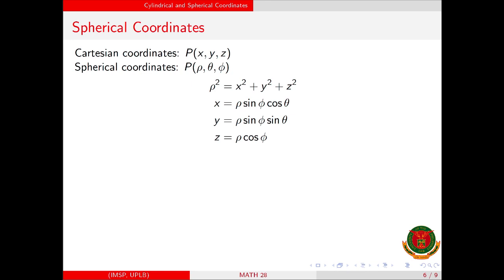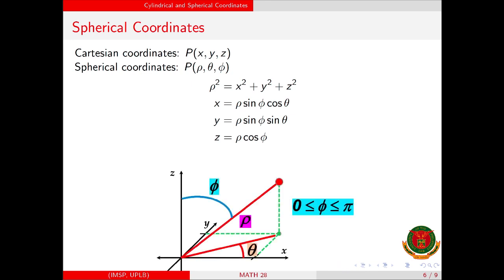With these conversions, as I recall, suppose we have a point P with coordinates x, y, and z in Cartesian coordinate system.